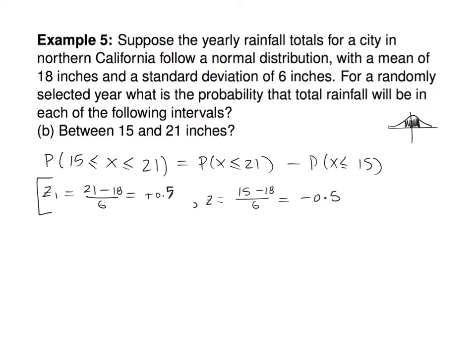Okay, so there's your work. And the original probability is equal to the probability that Z1 is less than or equal to 1/2 minus the probability that Z2 is less than or equal to negative 0.5.